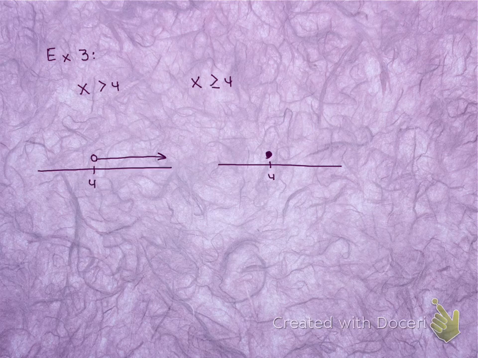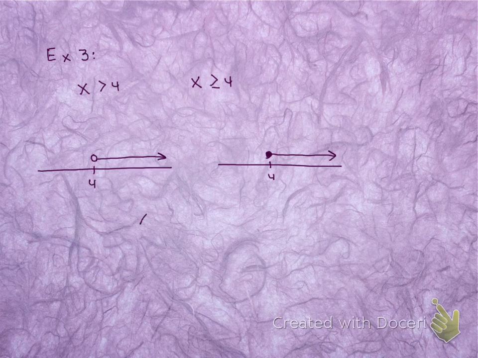Whereas over here on the left, the solution set does not include the number 4. It includes everything above 4, like say 4.01, etc., but it does not include the 4. So if x is greater than or equal to 4, it includes the 4, and all of the numbers greater than are to the right. That's the only difference, the line under the inequality symbol.